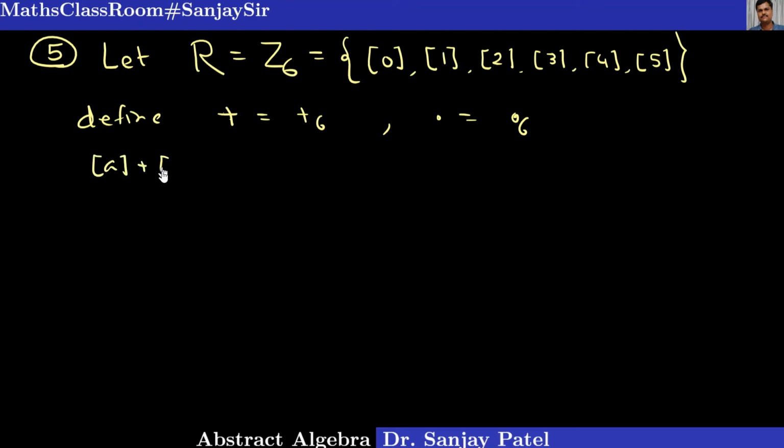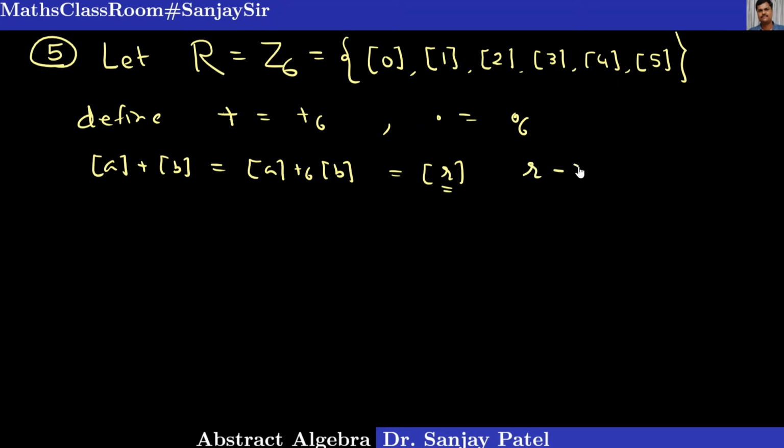Class A plus class B, actually, we are taking class A plus class B as class A plus 6 class B. So here we have to write class R, where R is the remainder when A plus B is divided by 6.